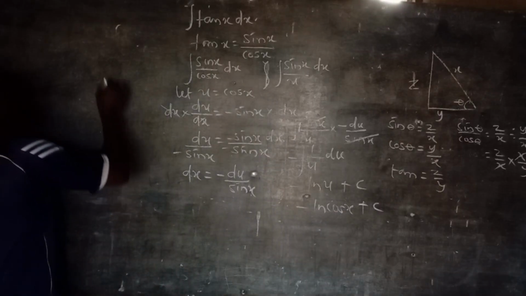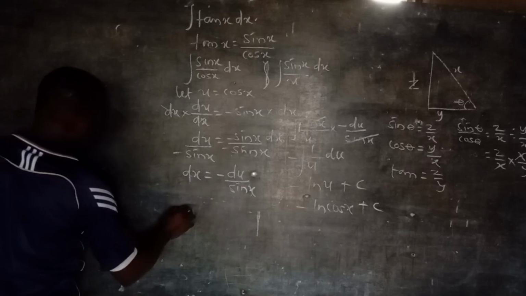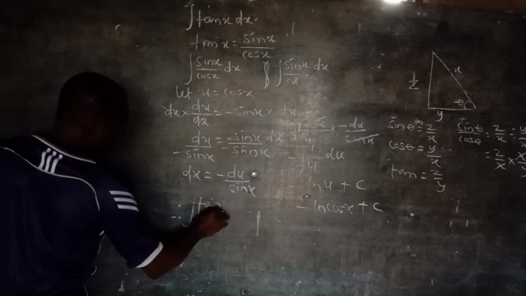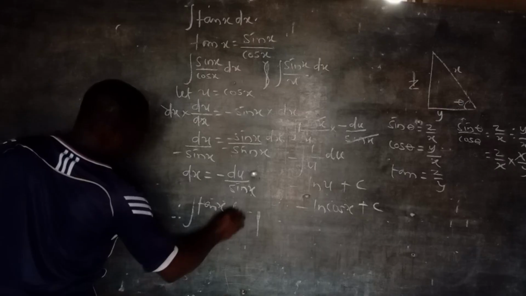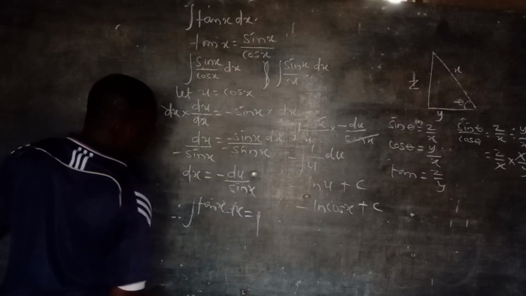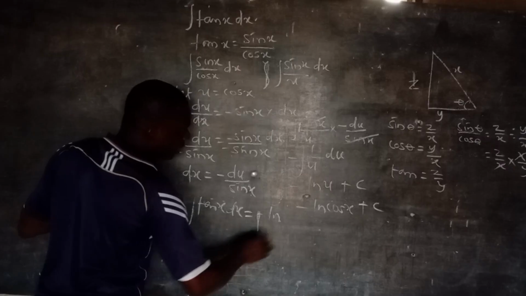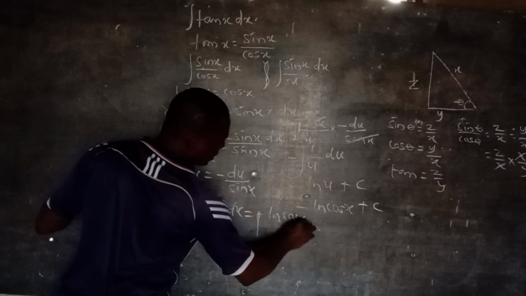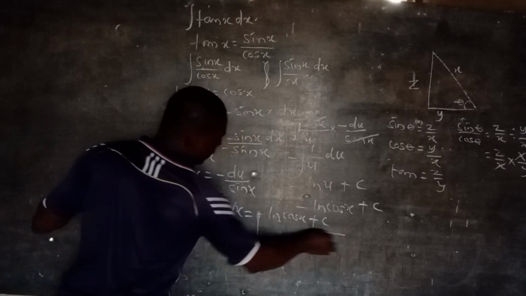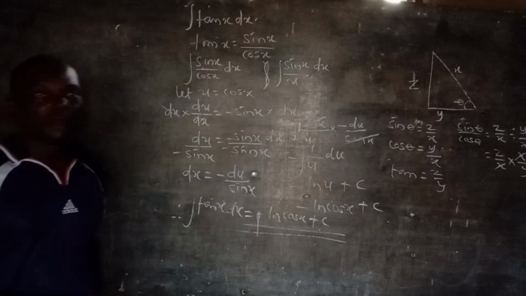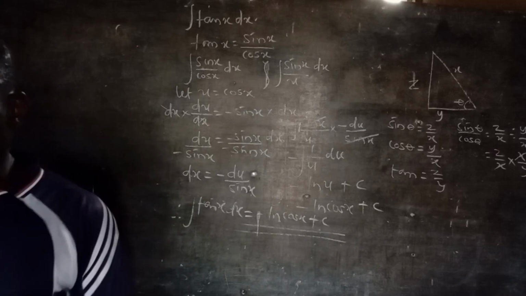So the integral of tan x dx is minus ln cos x plus an arbitrary constant. So this is how we find the integral of tan x.